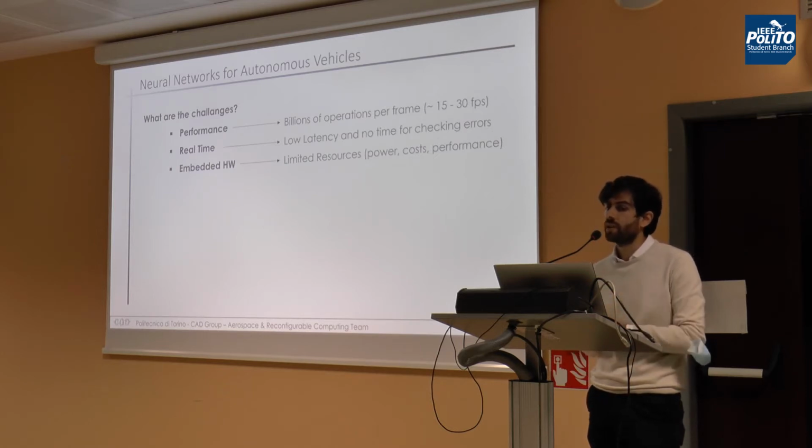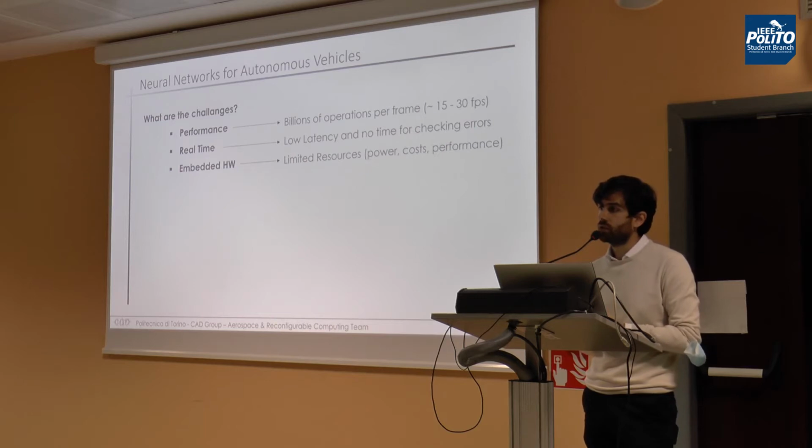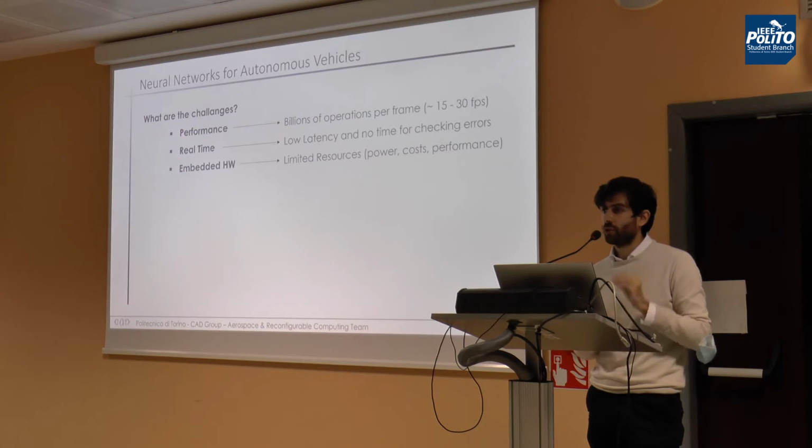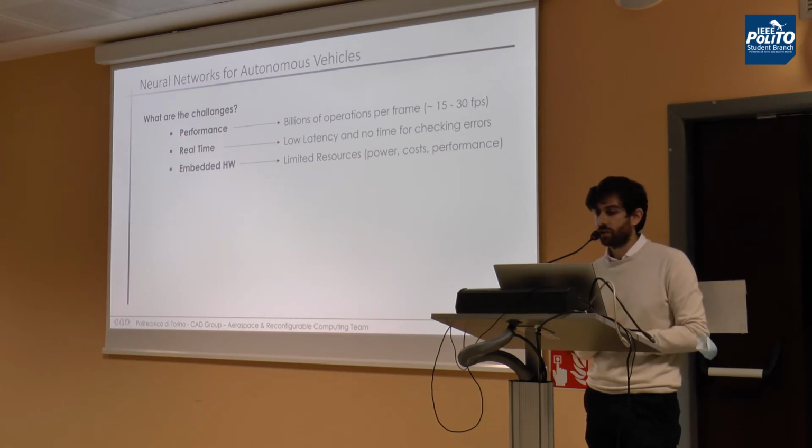This means that I need to have my output in a short time, and I'm also usually working on embedded hardware, because I am on a car. So basically, I need to do a lot of operations in a short time and on limited resources.